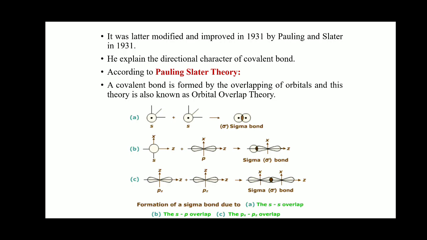Overlapping takes place between orbitals which have the same symmetry and in a particular direction. That's why Pauling and Slater explained the directional character of the covalent bond.